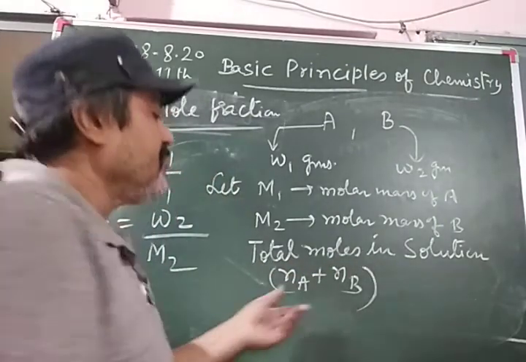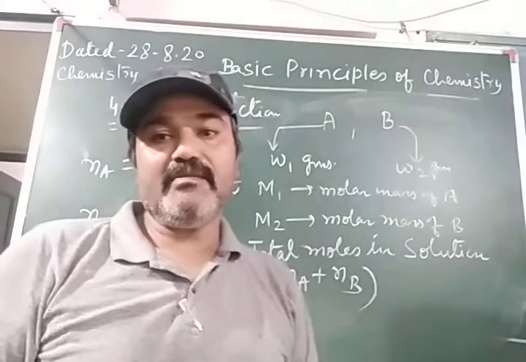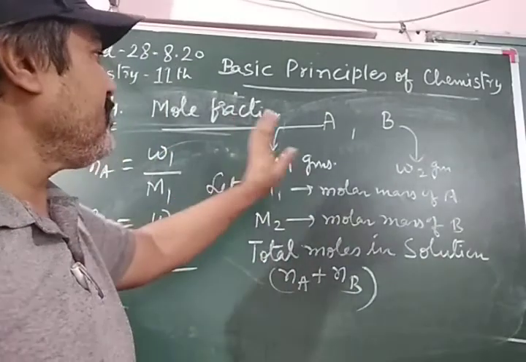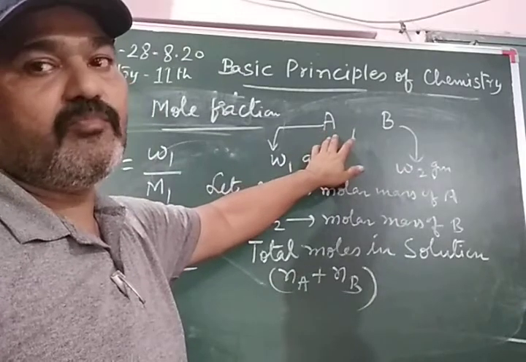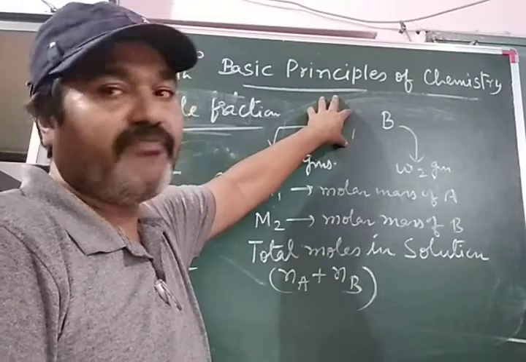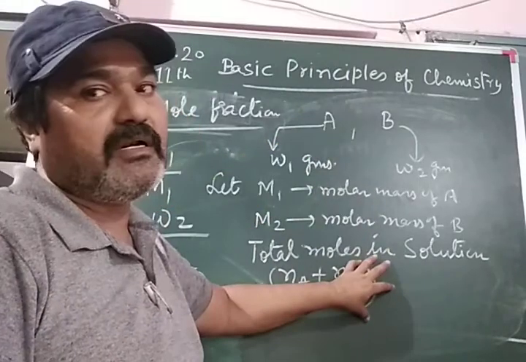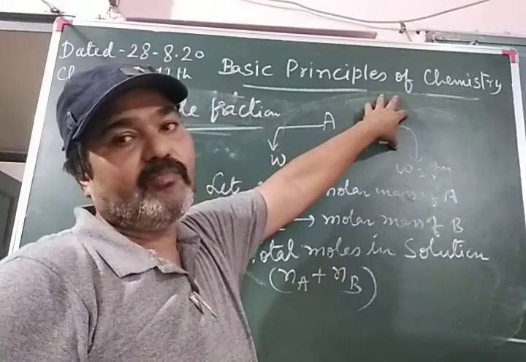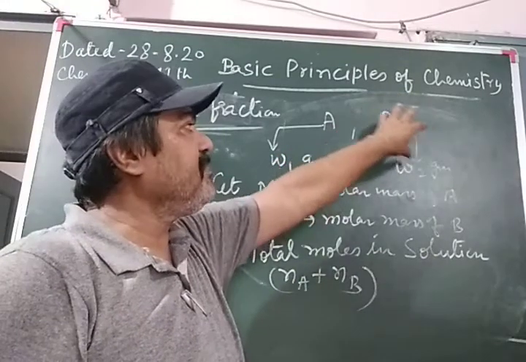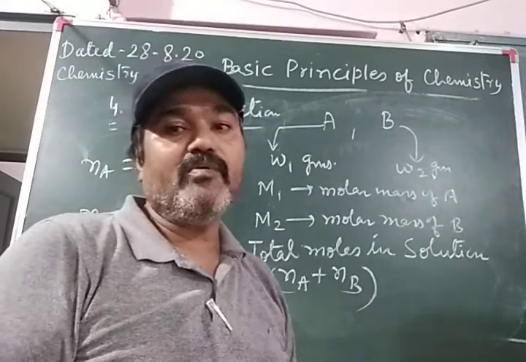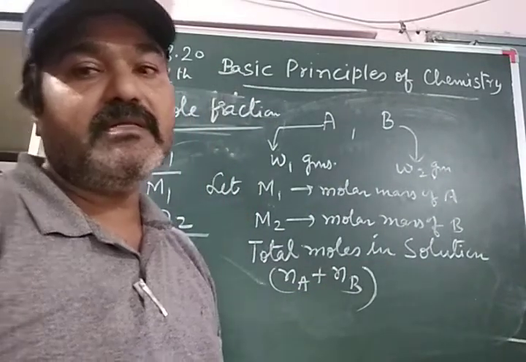This is the total number of moles present in the solution. Now if we want to find out the mole fraction of A, it means number of moles of A divided by the total number of moles. And if we want to find out the mole fraction of B, this will be number of moles of B divided by the total number of moles in the solution.